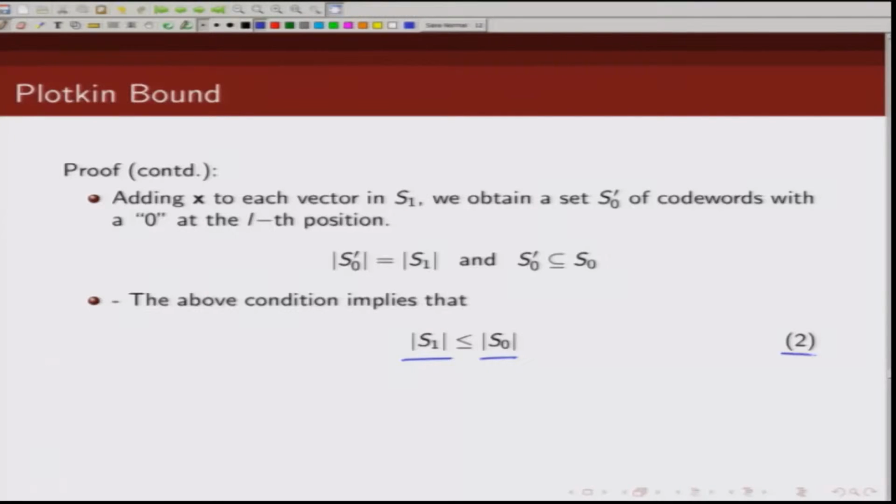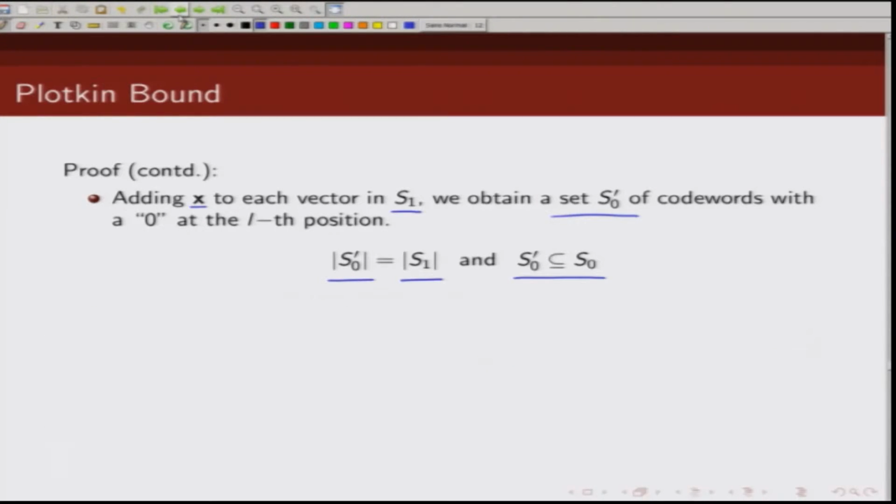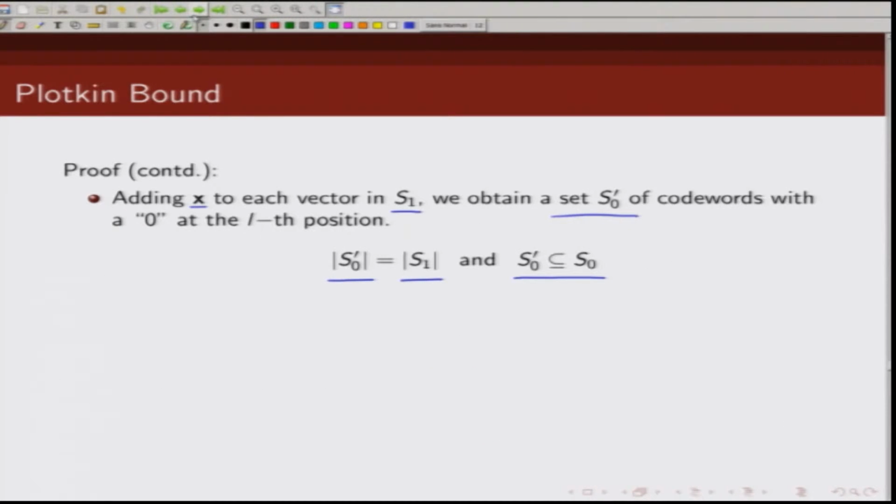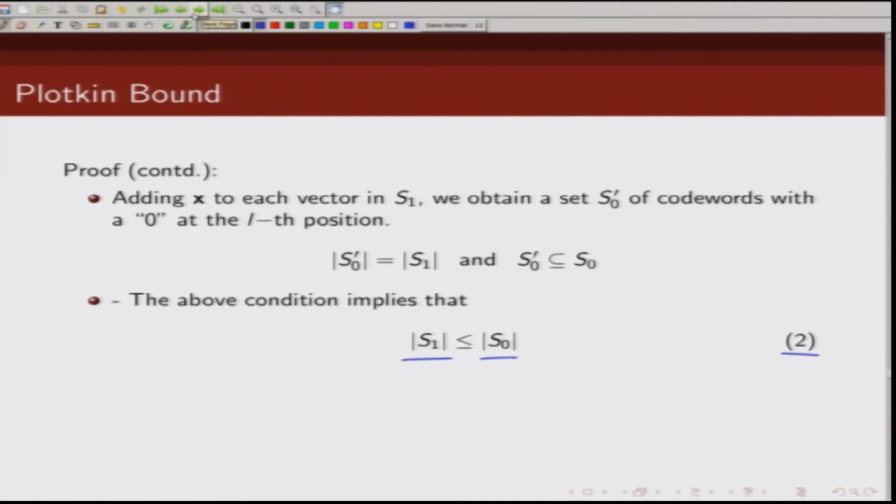Now, if we look at relation 2 and relation 1, here we got the condition that the number of code words which have 0 at the ith location is less than or equal to the number of code words which have 1 at the ith location, and here we got the condition that the number of code words which have 1 at the ith location is less than or equal to the number of code words which have 0 at the ith location.